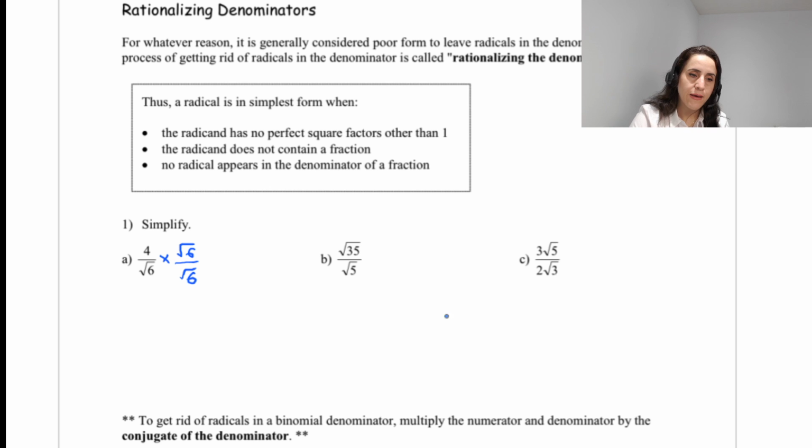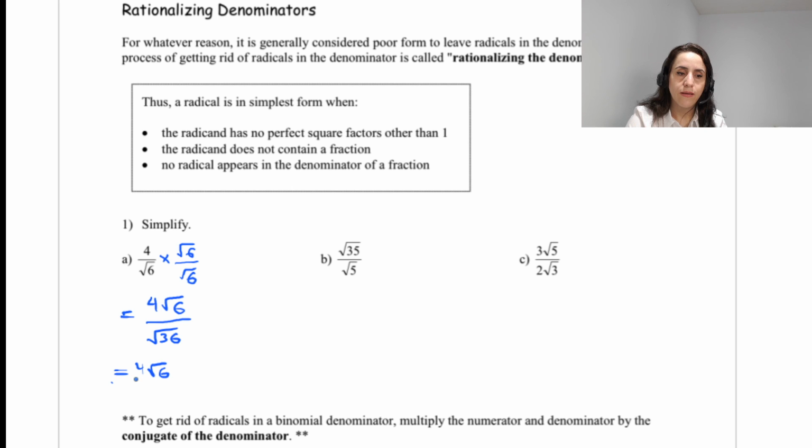Why? Because in the next step, I'm going to have 4 times radical 6 for my numerator, and in the denominator, I'm going to have radical 36 because radical 6 times radical 6 is 36. And what is the radical 36 value? Everyone knows, yeah? It's a 6. See, I got rid of the radical sign in my denominator. I can do more simplification.